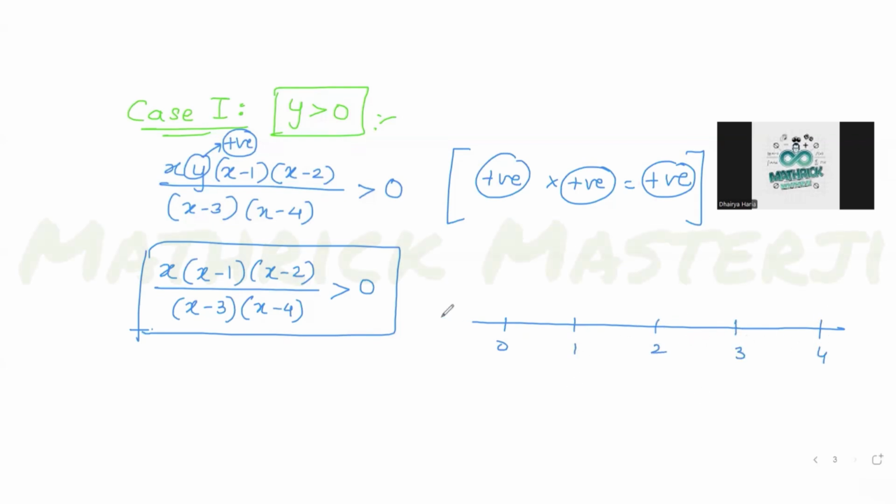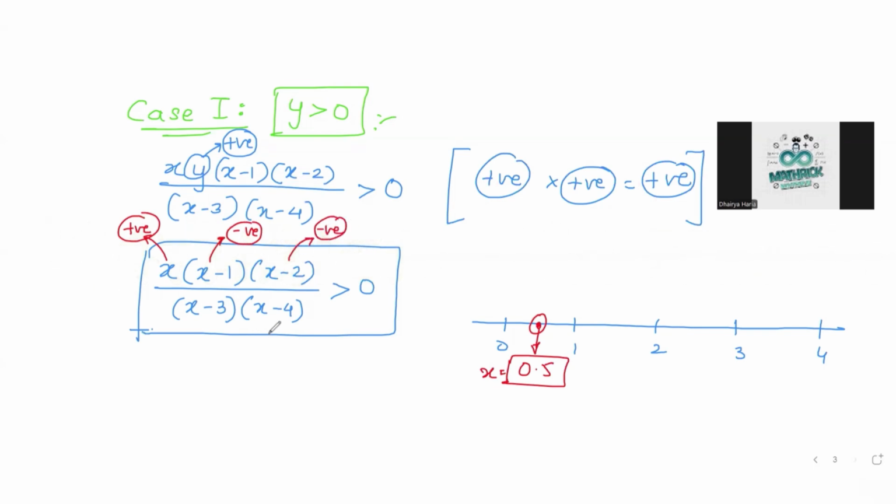So I can put any one of the values between these regions that I have. Let's put 0.5. If I put x as 0.5 here, I get 0.5, so this is positive. 0.5 minus 1, so negative. 0.5 minus 2, again a negative. 0.5 minus 4, again a negative value.